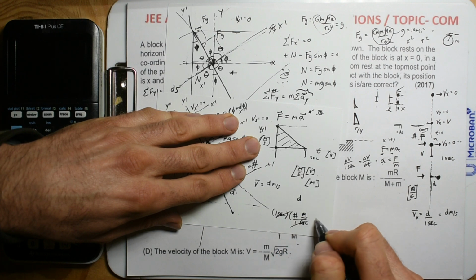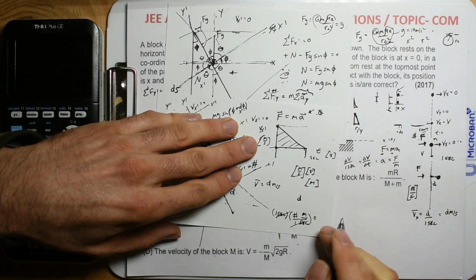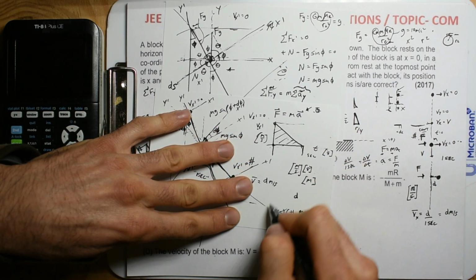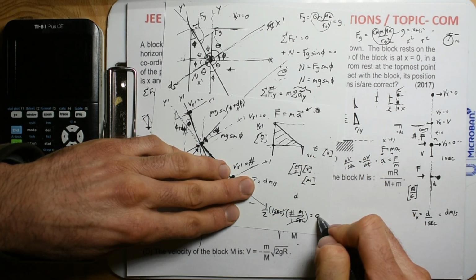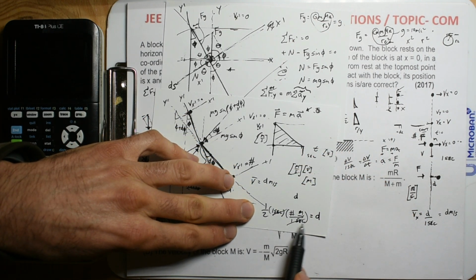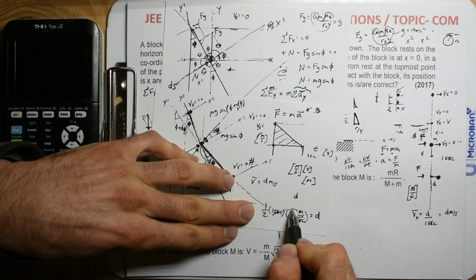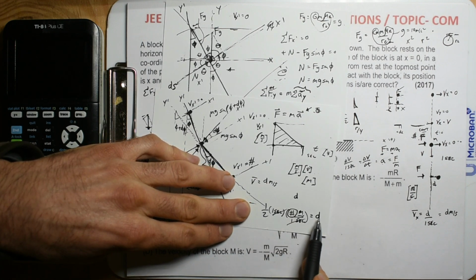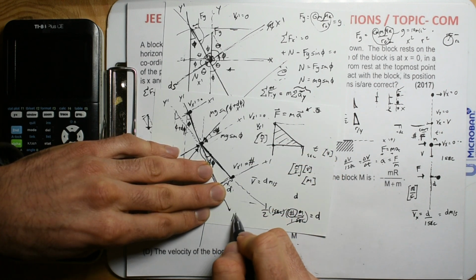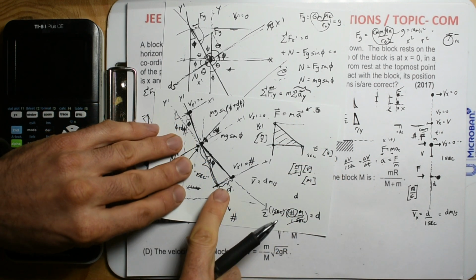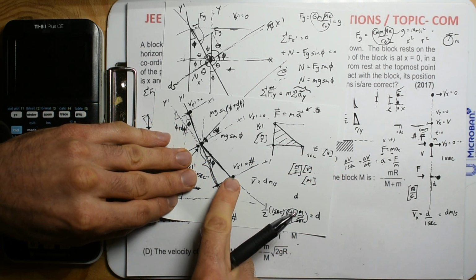The seconds are going to cancel. And because it's a triangle, we have to do 1/2, and that has to equal d. We want to solve for what this number was, get this 2 to the other side, and we can see that this is just a roundabout way to say that the velocity is double here.